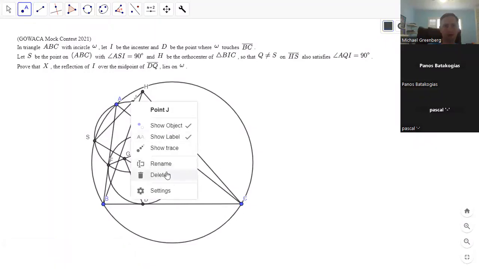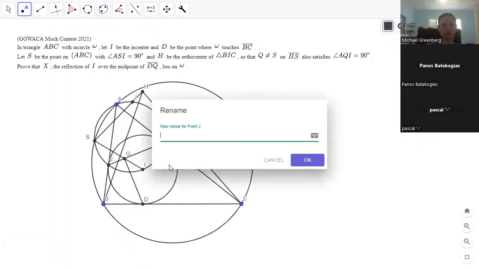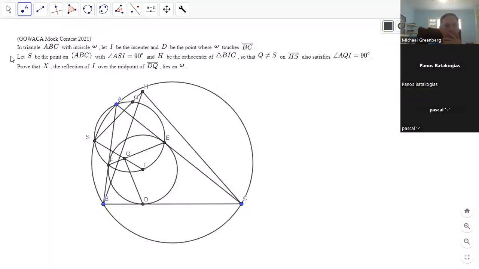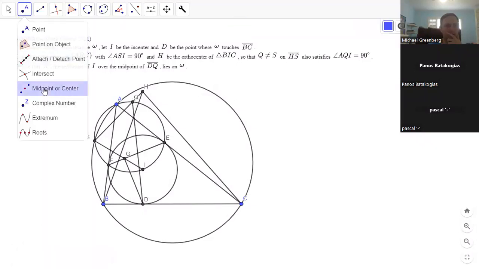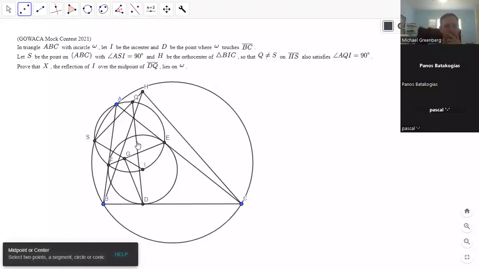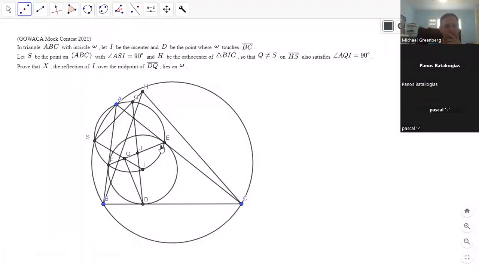So this would be Q. Prove that the reflection of I over the midpoint of DQ. This is a very weird problem. Oh. Interesting.